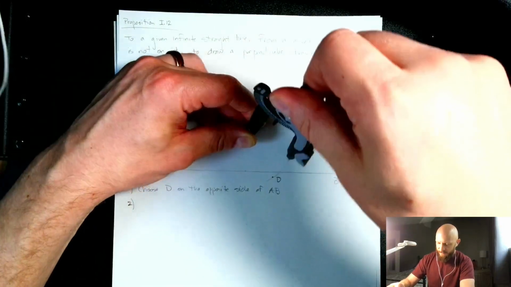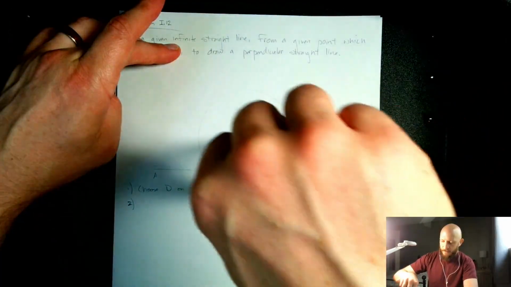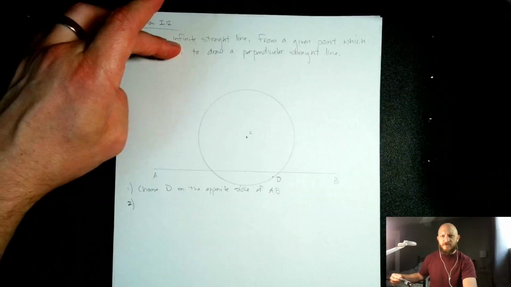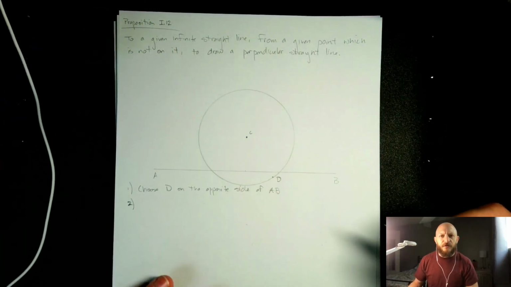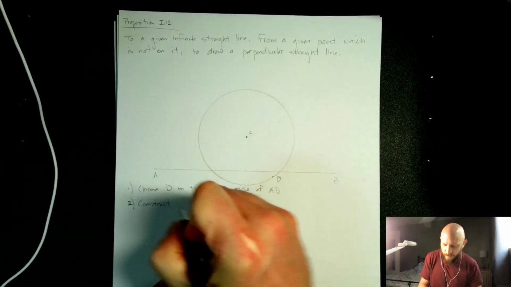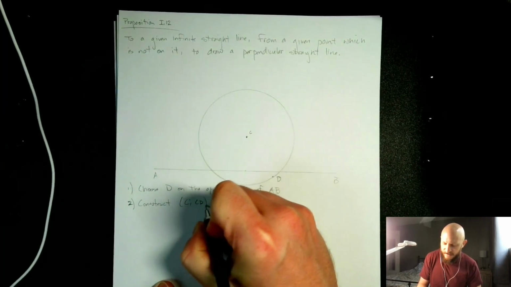Intuitively that's pretty clear, but as far as modern math goes, that's a claim that would probably require some justification. In any case, here's our circle. So construct the circle with center C and radius CD.